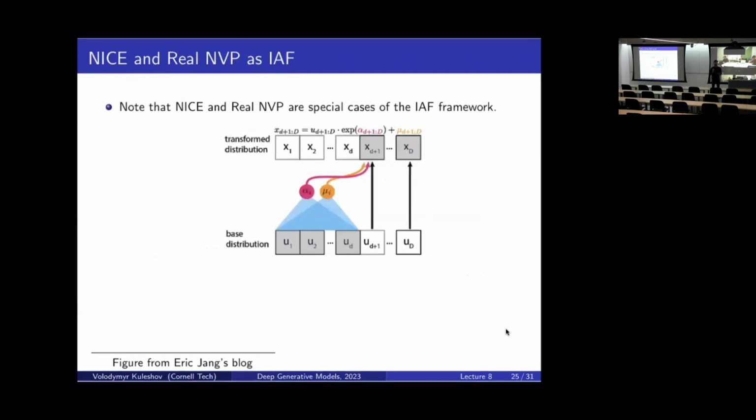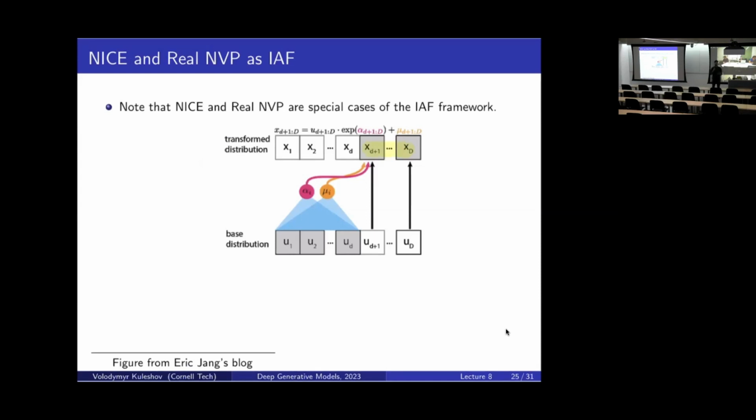Another quick point I want to make is that Real NVP and NICE are, in some sense, instances of an IAF in which we're not fully autoregressive. So in one layer of an IAF, we compute jointly a bunch of x's from the inputs. Here it says u, but u is z.